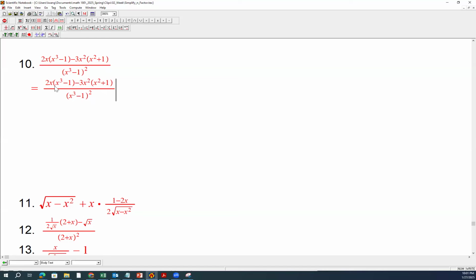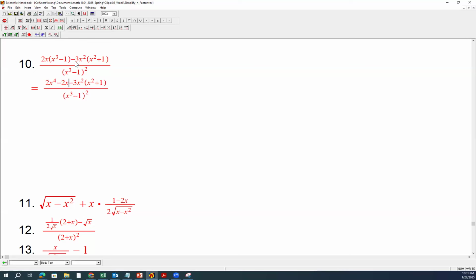You can factor out an x, or you may want to just directly distribute. So 2x times x raised to the power 3, that's going to be 2x raised to the power of 4, and then minus 2x.